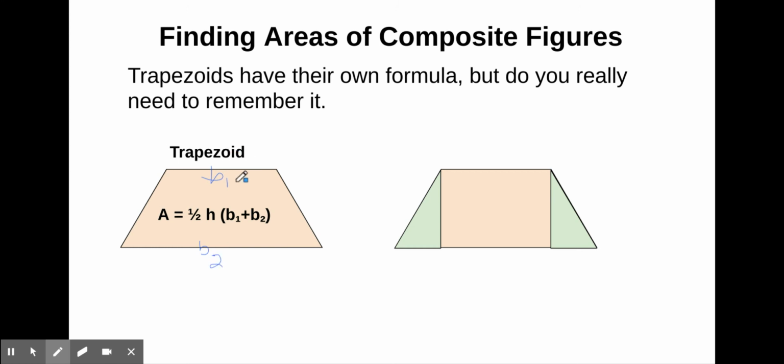And so you'd add those two distances, and then you multiply it times half the height. So that's one of those other things in there. Likewise, sometimes if you can't remember the formula, if they give you a way to figure out the triangles, then you just add this triangle and the rectangle, and you get your answer. So a couple different ways you can do it.